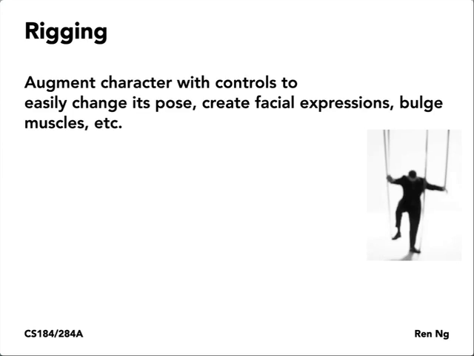So you can augment a character with controls to easily change its pose, create different facial expressions, bulge the muscles, etc. Almost control anything that you can creatively imagine would be of use to control, or that for a particular application or maybe sequence of shots in a movie would be useful to control.